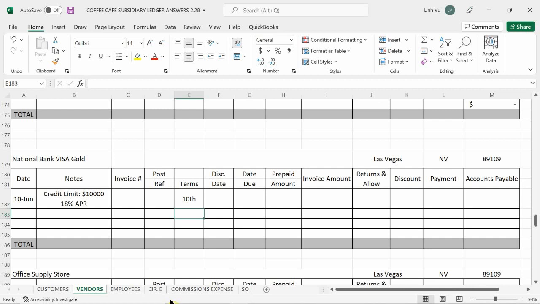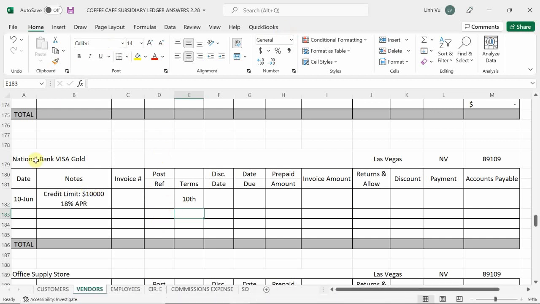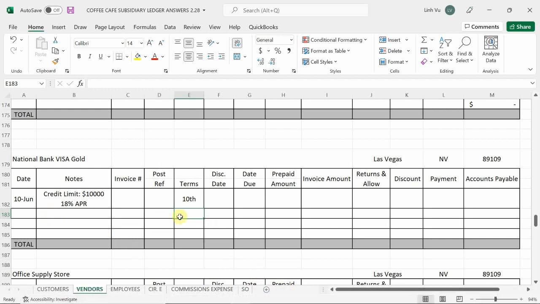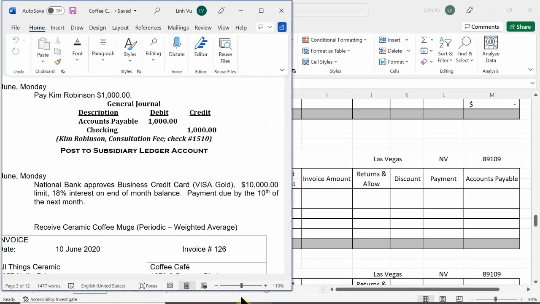But as far as the notes and descriptions, that's literally up to you. All right, so there you go. I popped that into my subsidiary ledger so that when I do receive a bill, I am aware that I have a $10,000 credit, and I am aware I'm going to get charged 18% interest. And I am aware that this bill is going to be due on the 10th.